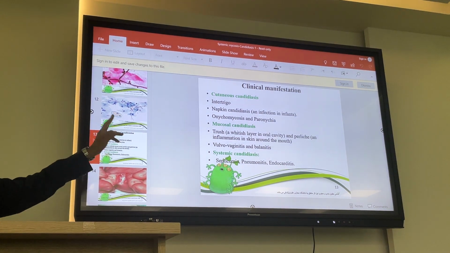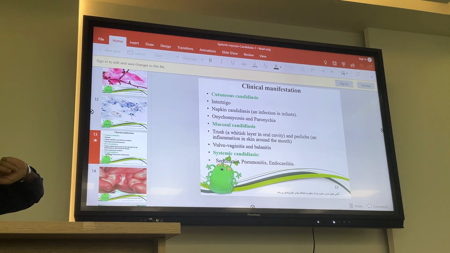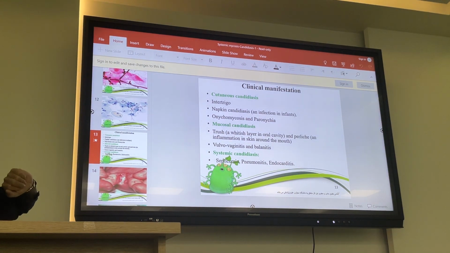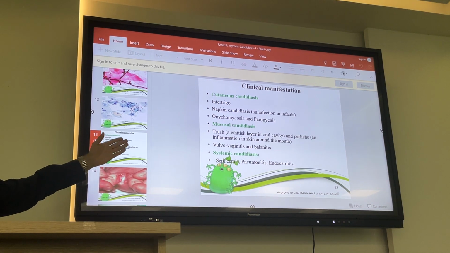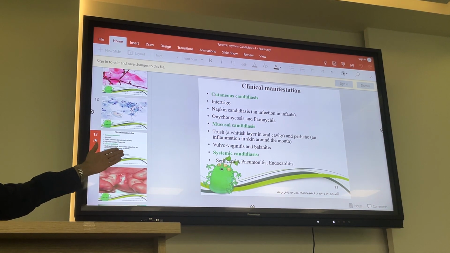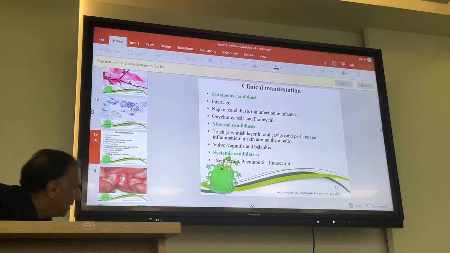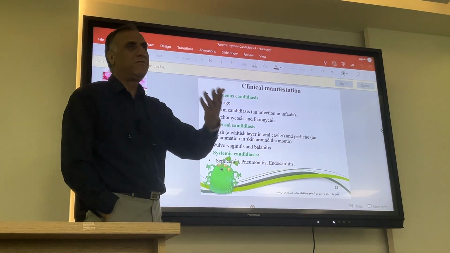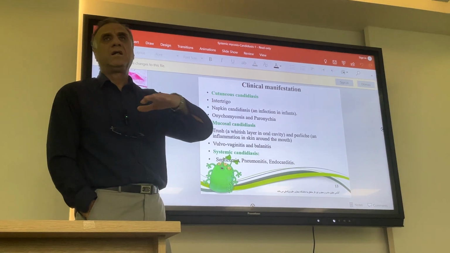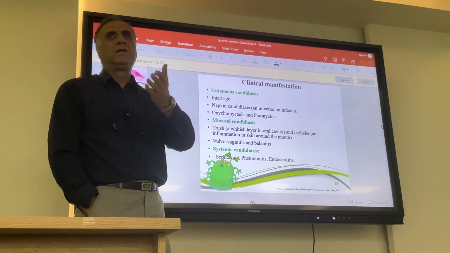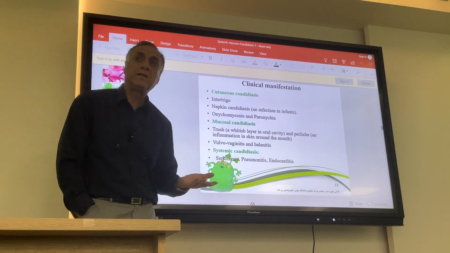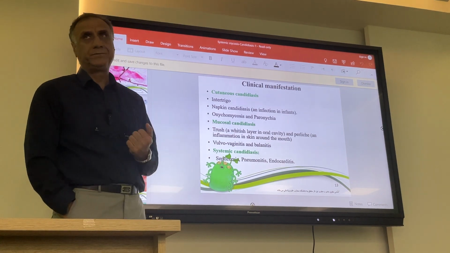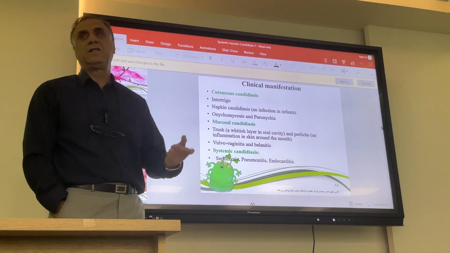Okay, we have three types of candidiasis in clinical manifestation: cutaneous candidiasis, mucosal candidiasis, and systemic candidiasis. Systemic candidiasis means the infection spreads and involves the brain, the lung, GI tract, and urogenital system.